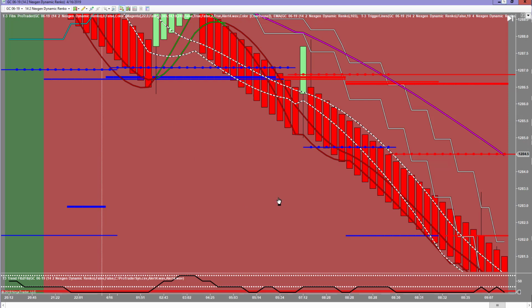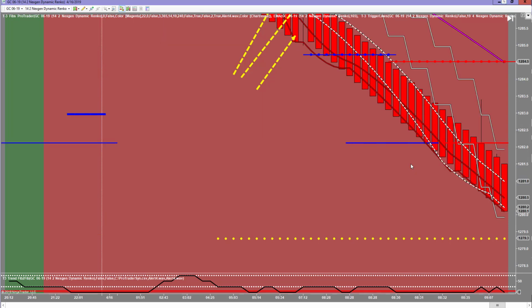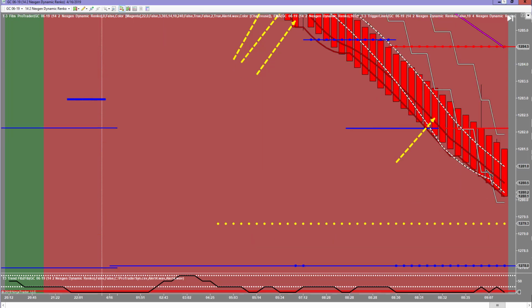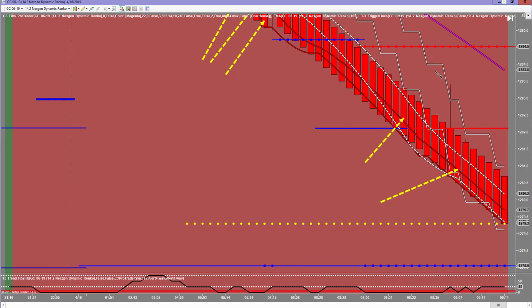All you should be able to see is trigger line, trigger line, trigger line, and you should know what's going to happen next. You guys understand that? You should be able to see the fib area, and then you should be able to see trigger lines, and you should know what's going to happen next based on reading your fibs and triggers.